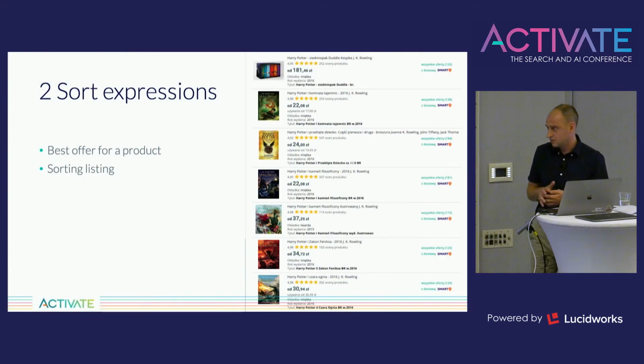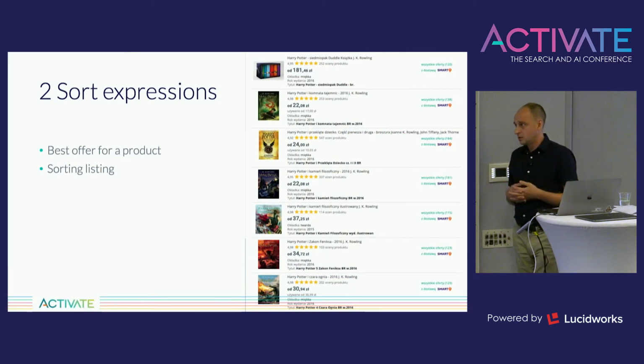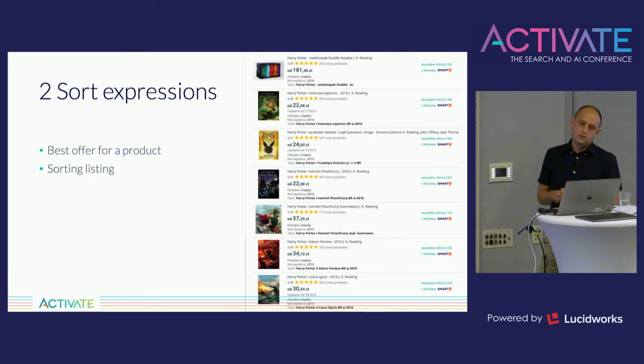After that time, our business came with another idea. They want to change our product listing to use two sort expressions. One for finding the best offer to be shown as a product representant, and the other for sorting the listing.